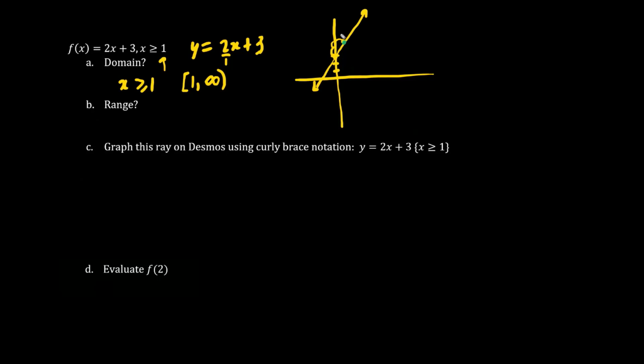So we have this point here, and we only focus on the right side. The x value here is 1, and when x equals 1, y equals 2 times 1 plus 3, which is 5. So the range of this ray is y is greater than or equals to 5. We could also say 5, comma, infinity.